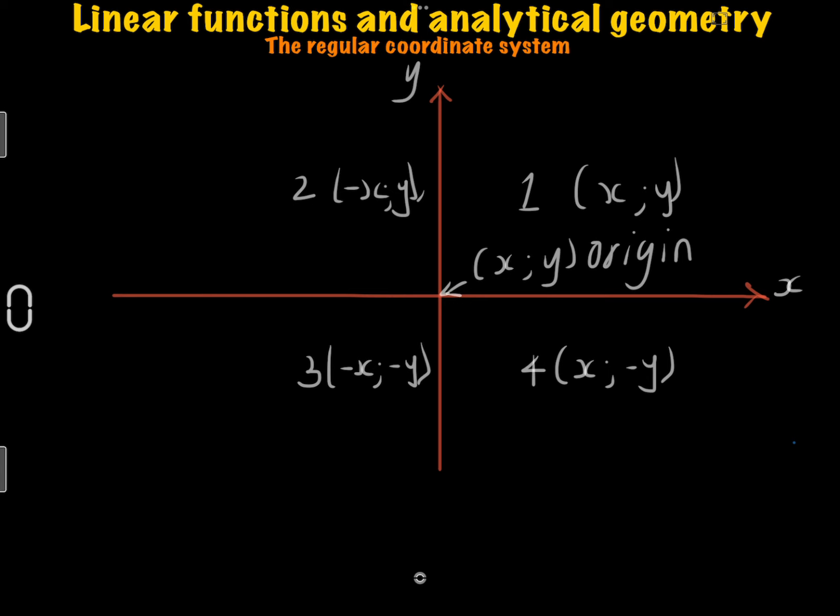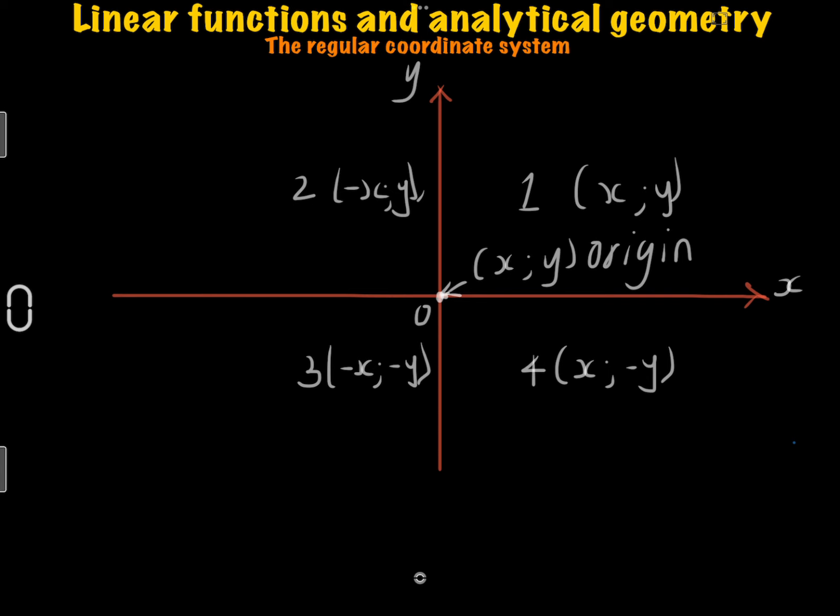Essentially, this means that x is at 0 and y is also at 0 at the point where they intersect. Now the Cartesian plane is divided into 4 quadrants by a pair of number lines that we call the x-axis and the y-axis. The 2 axes intersect at right angles at the origin.